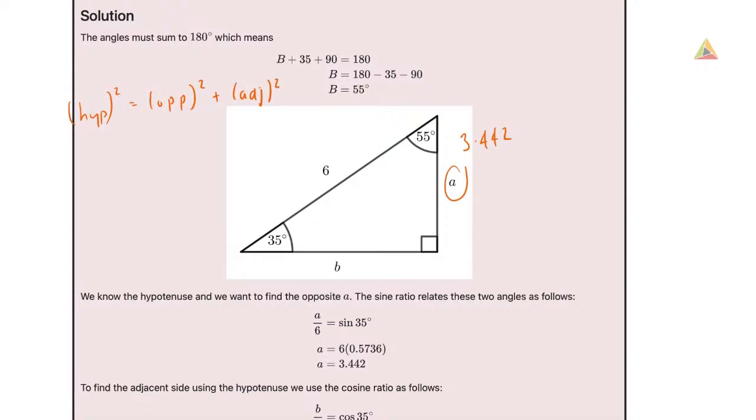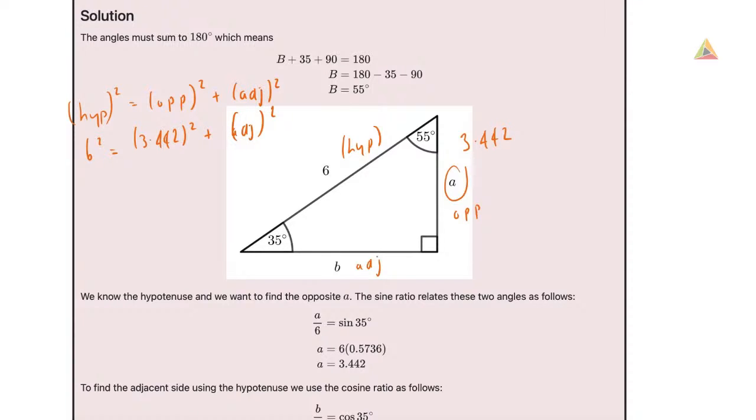In this case, this is the hypotenuse, which is 6. This is the opposite, which we've just found, 3.442. And B there is the adjacent. So we'll fill in what we have. The hypotenuse is 6, so 6 squared is equal to the opposite squared, 3.442 squared, plus the adjacent squared.